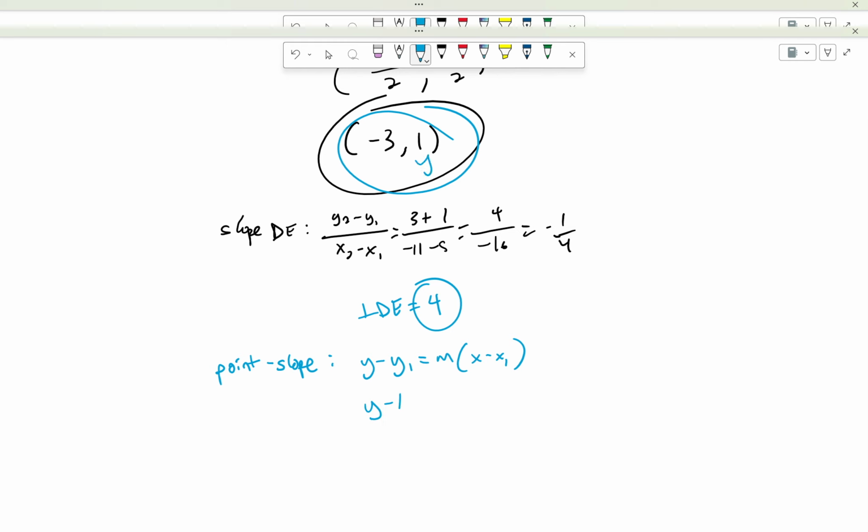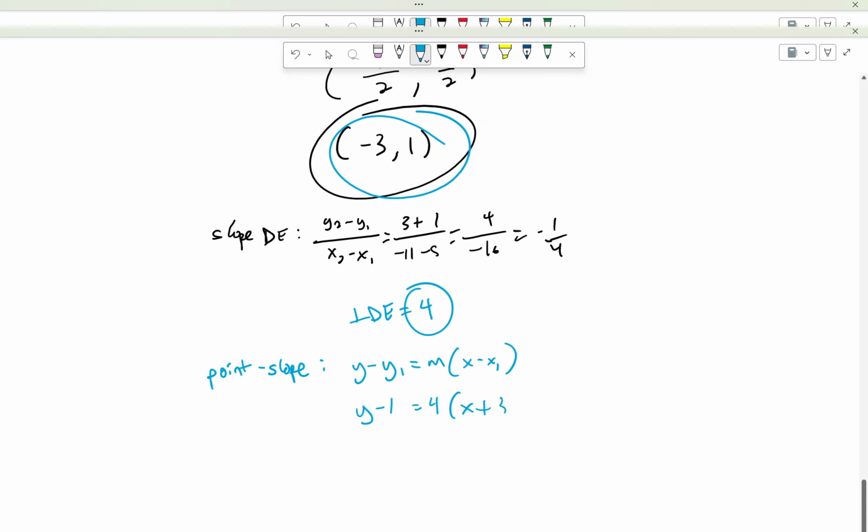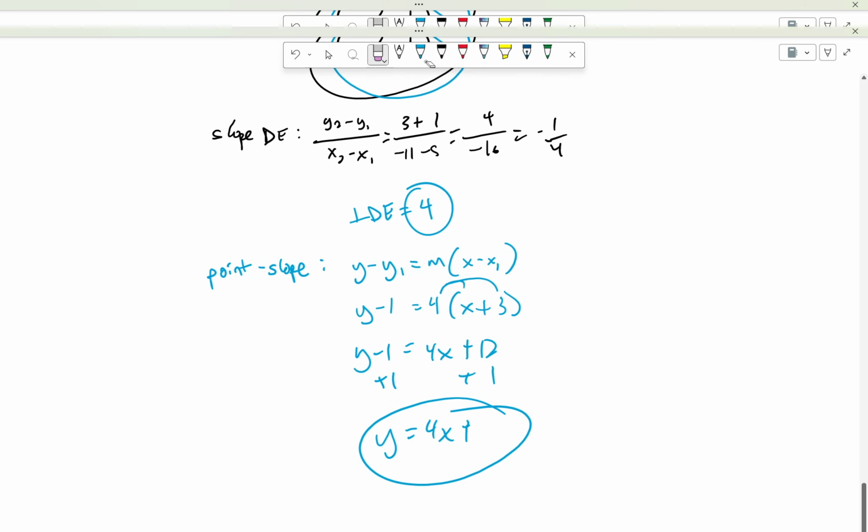Because that's my y, is equal to 4 times x minus negative 3, or plus 3. So I have y minus 1 is equal to, and I'm going to distribute here, 4x plus 12. I'm going to add 1 to both sides. So I have y is equal to 4x plus 13. Goodness, this screen is really struggling here.